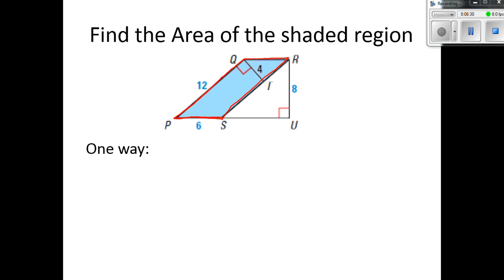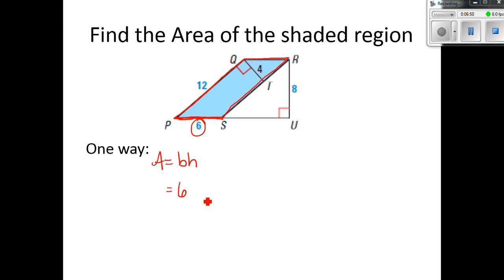And the area of a parallelogram is base times height. So if I were going to look at the area of this parallelogram, I would need the base. Well, the base in this case would be 6. Now what's the height?